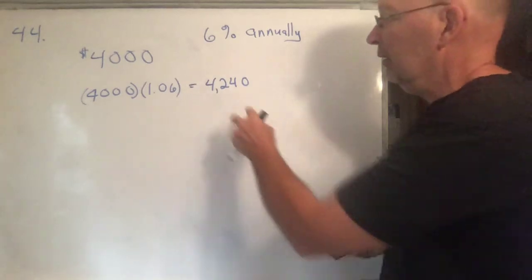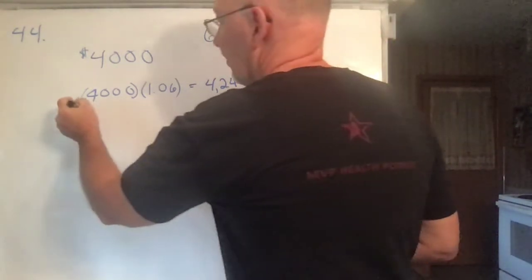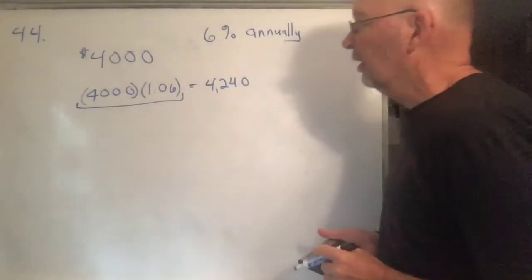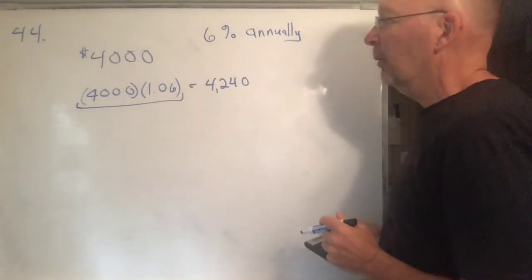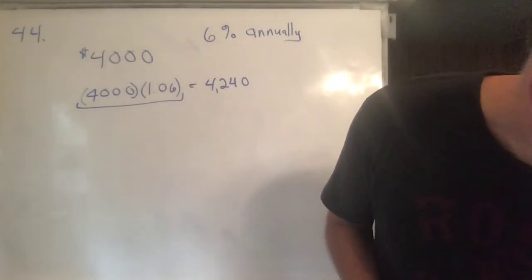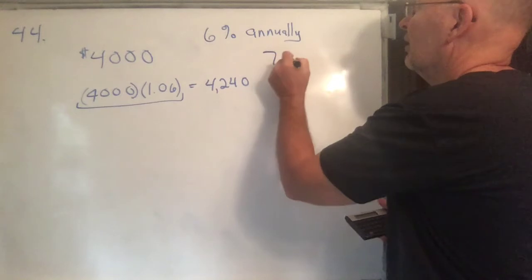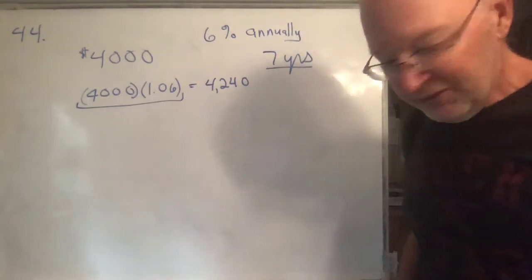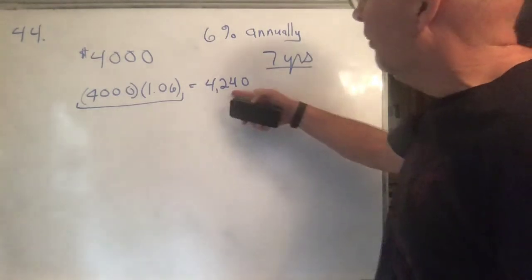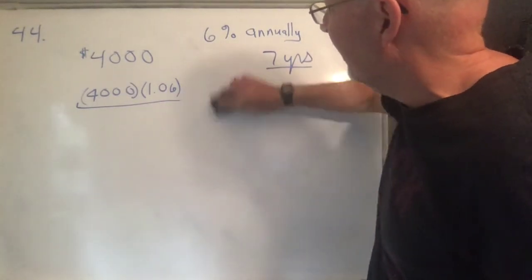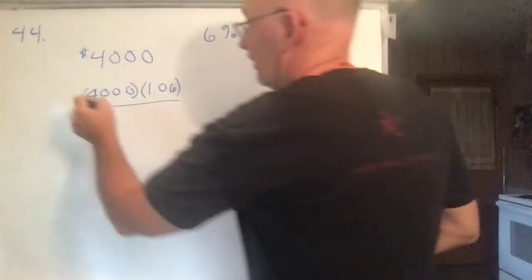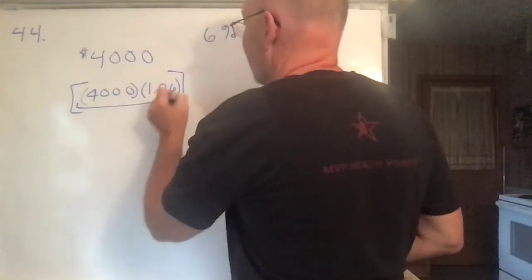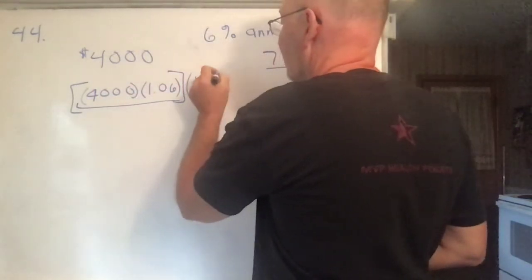Now the next year, you got this much in the bank, and you want to multiply that by 1.06 again. And we're going to do that for 7 years. Okay, 7 years. So at the end of the second year, this is how much money you have in the bank. Let me just write it like this. And you're going to take that and multiply that by 1.06.